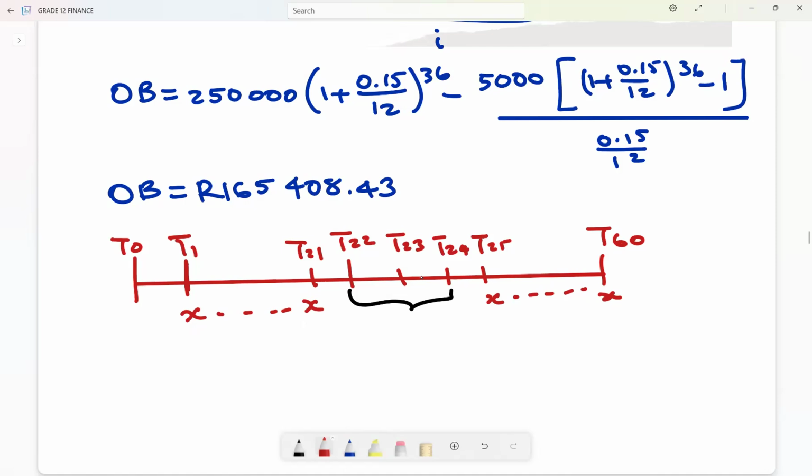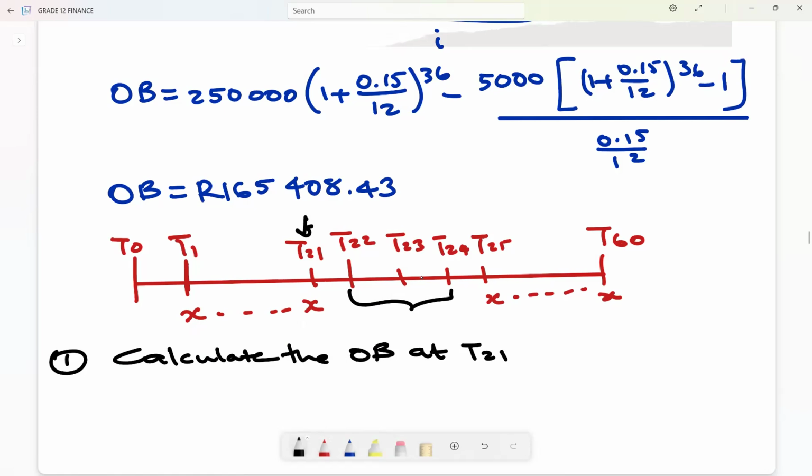The bank will say, let's check how much you paid and how much is left for you to pay. So the first thing the bank will do is calculate the outstanding balance at time T21, after your last payment: how much is left for you to pay for the remaining months.